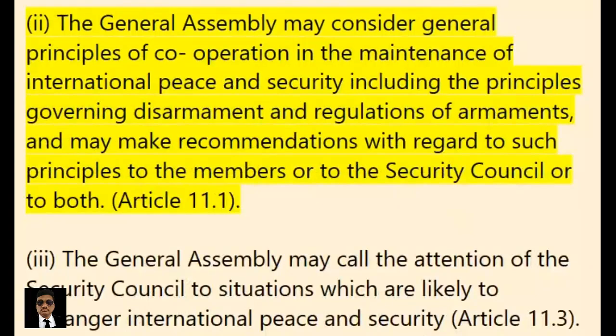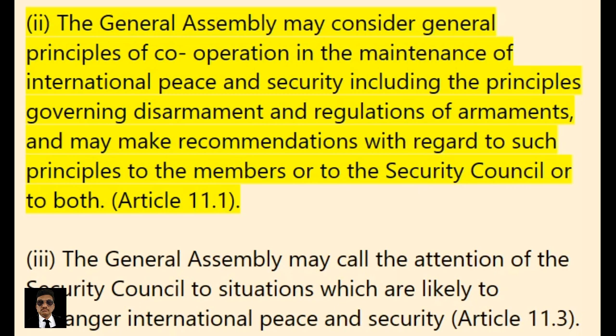2. The General Assembly may consider general principles of cooperation in the maintenance of international peace and security, including the principles governing disarmament and regulation of armaments, and may make recommendations with regard to such principles to the members or to the Security Council or to both.